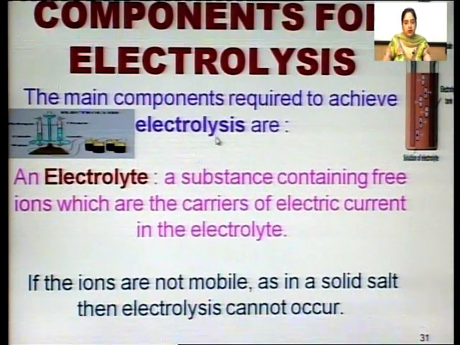Components for electrolysis. The main component required to achieve electrolysis is an electrolyte. It is a substance containing free ions, which are the carriers of electric current in the electrolyte.